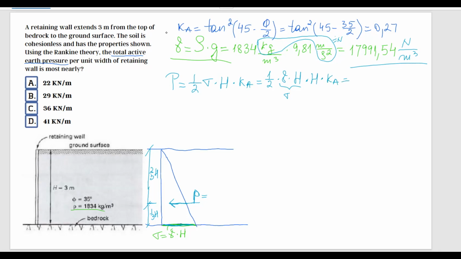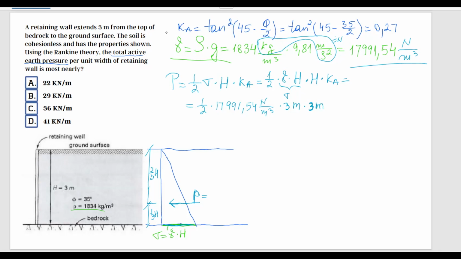So now I'm going to substitute. Gamma equals 17,991.54 newtons over meters cubed, multiplied by the height, which is 3 meters, and then the height again.